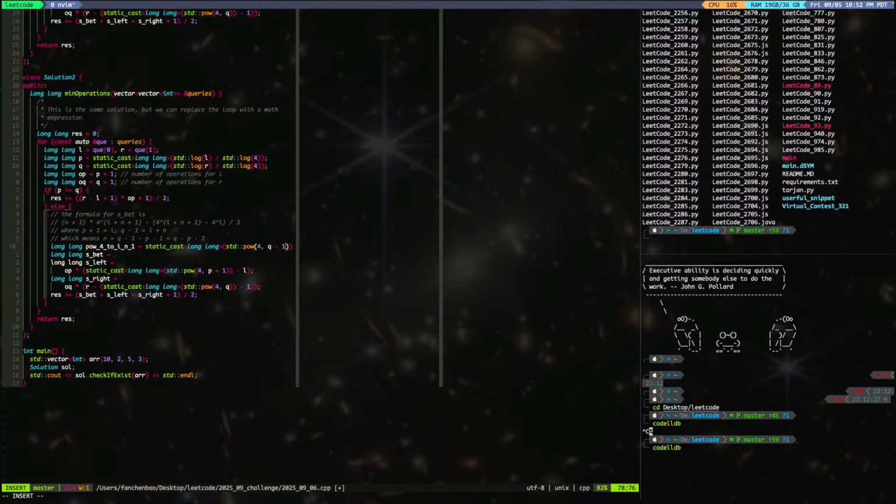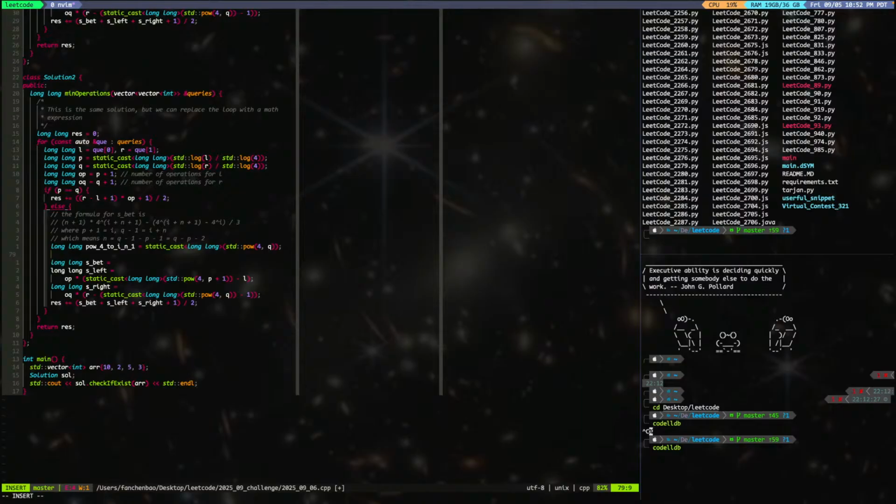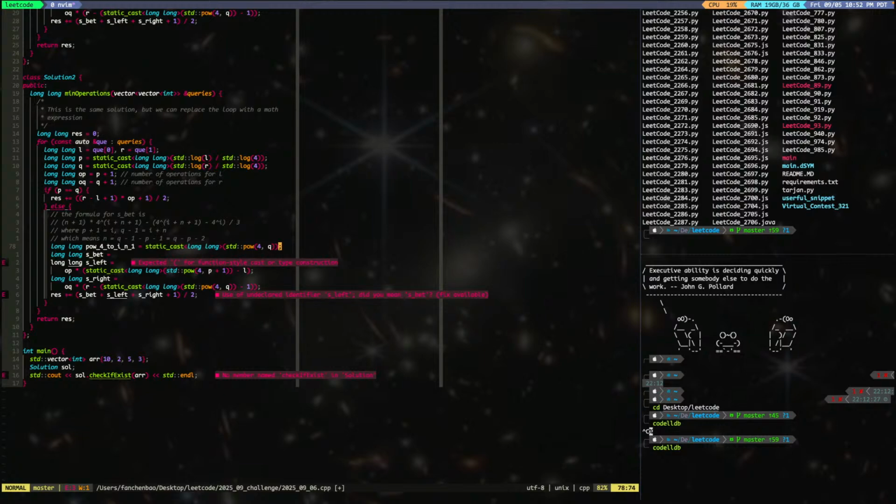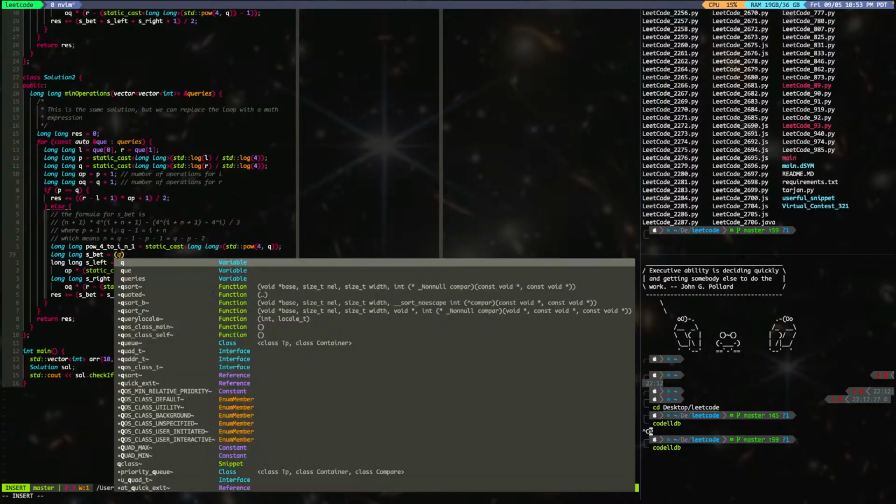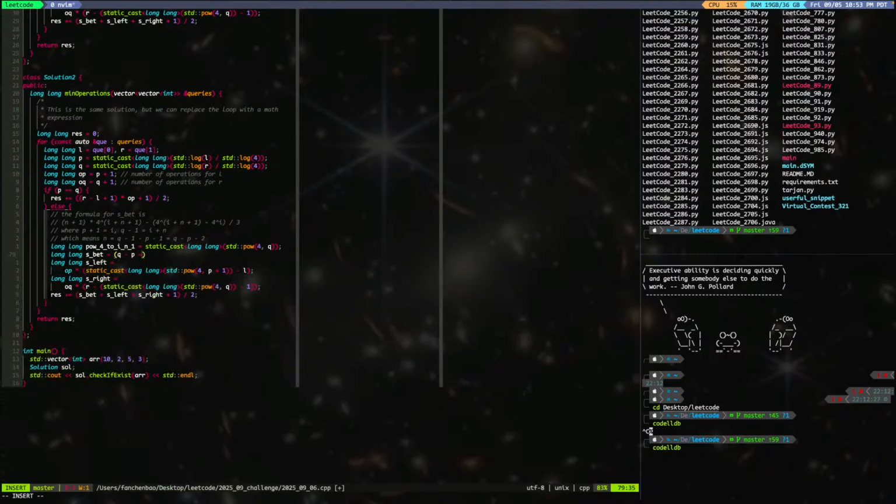So I plus n is q minus 1 plus 1, which is q. And then this is going to be n plus 1. N plus 1 is going to equal q minus p minus 1. Right?